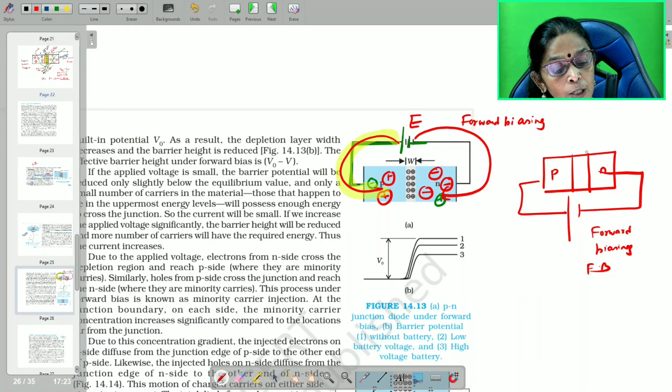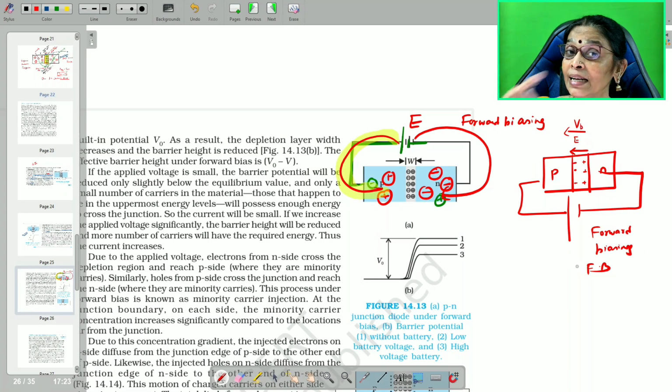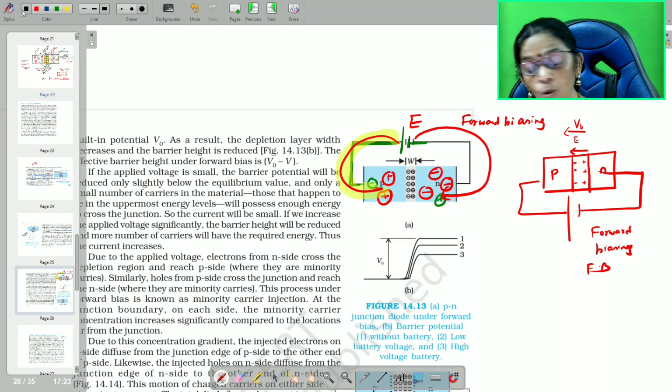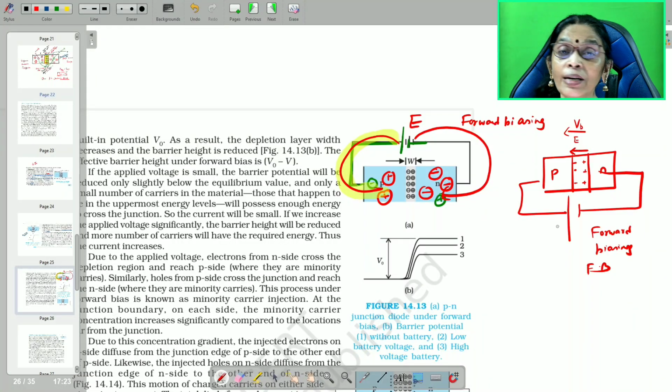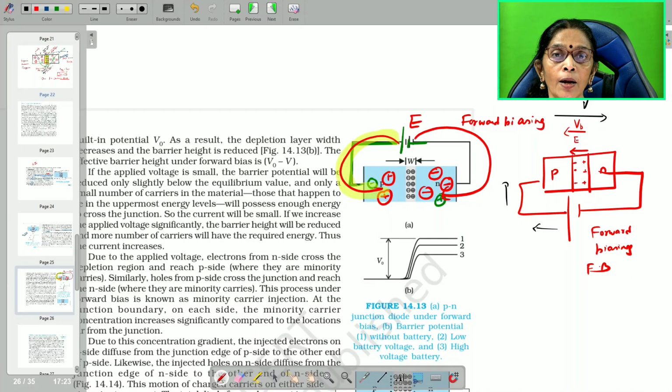Already some electric field is present here because of the negative space charge region and positive space charge region, due to which the electric field is present. Or you can say the potential barrier is in this direction. But externally you are applying a potential in the direction positive to negative. Look at that potential direction. That is opposite to the barrier potential.